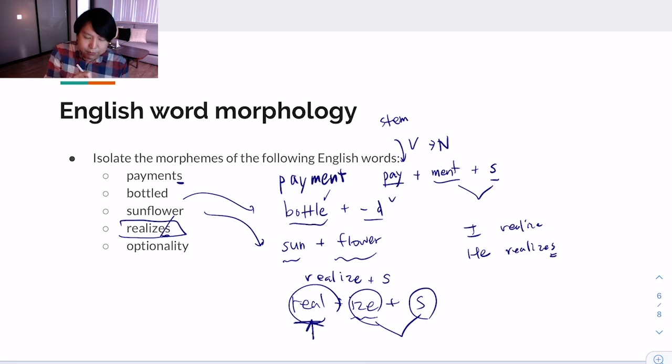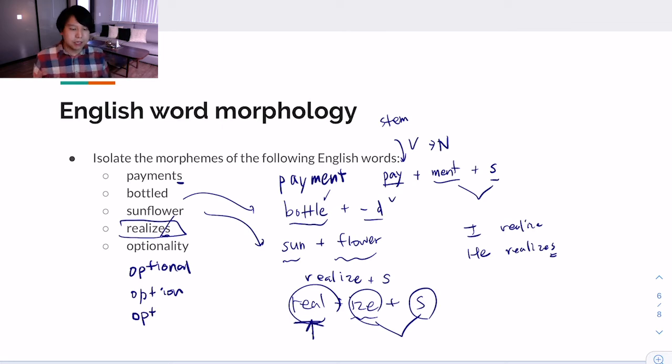Optionality. Let's imagine a smaller version of this word. For example, optional is a word, and option is another word, and opt, like to opt in, to opt out, is another word. So basically, you can infer that the word optionality is made of opt, ion, al, ity: four parts.